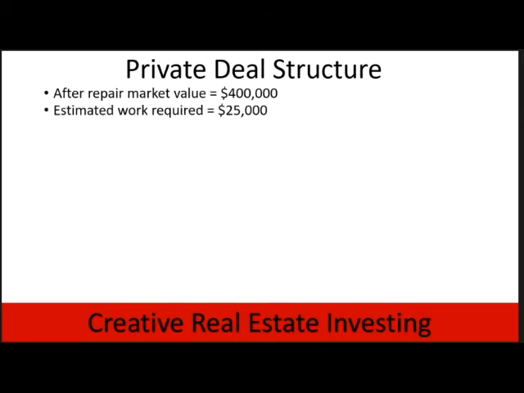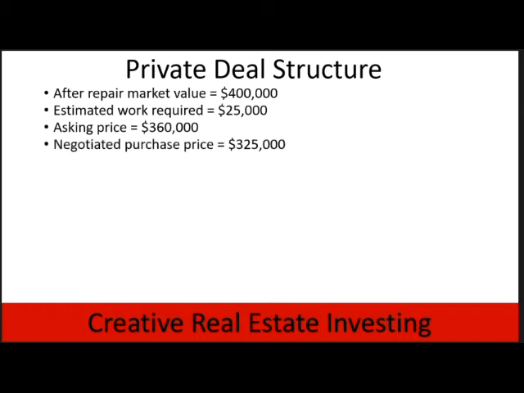All right, so here's an example. Here we have an after repair market value on a property of $400,000. The estimated work required is only $25,000 to bring it up to that market value. Their asking price is $360,000. You've negotiated and you've come to terms with a price of $325,000.